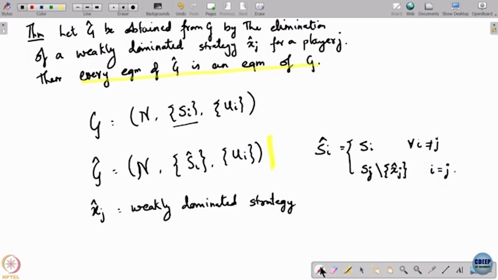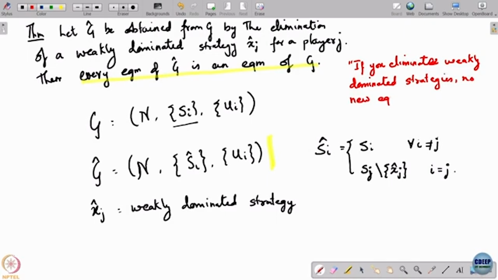And we summarize this by saying that if you eliminate weakly dominated strategies, no new equilibria get created.